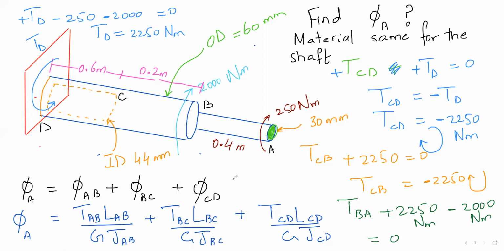So I have T_BA plus 250 Newton meter equal to 0, and T_BA comes out to be negative 250 Newton meter. It's also in the clockwise direction. I have to double check. Yeah, clockwise.